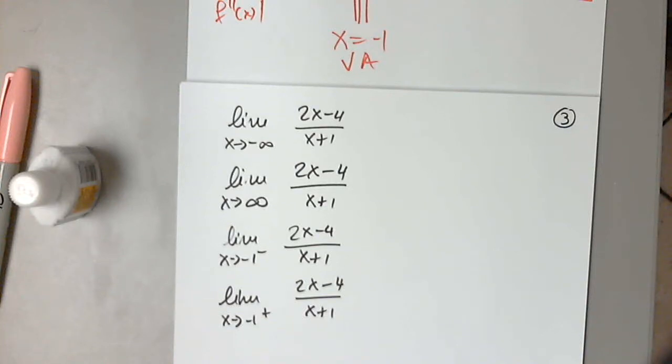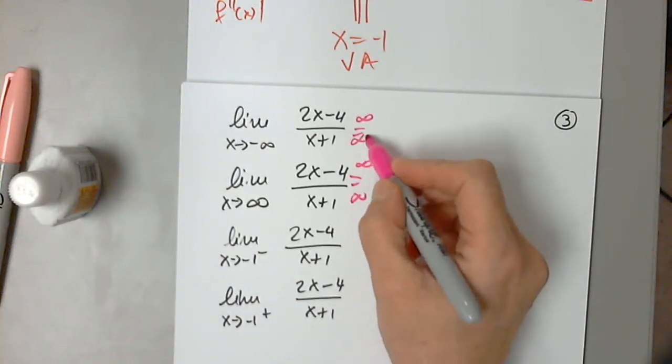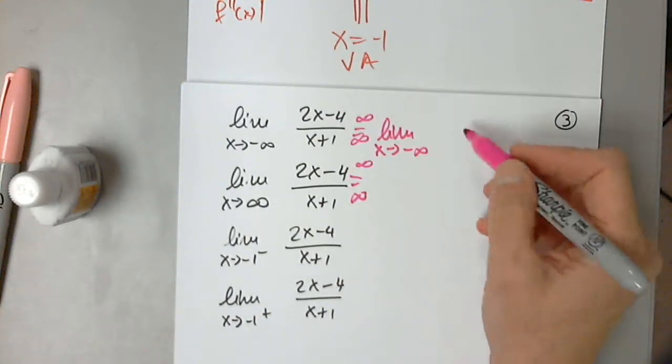Remember, first we plug it in. We cannot forget chapter 2. First we plug it in to see what type of limit this is. Because if it's 5, then you don't have to do anything, right? Okay, so in the first two limits, when you plug in, what do you get? Right, because this is infinity over infinity. You will use L'Hopital's rule. When you differentiate the top, you get 2.